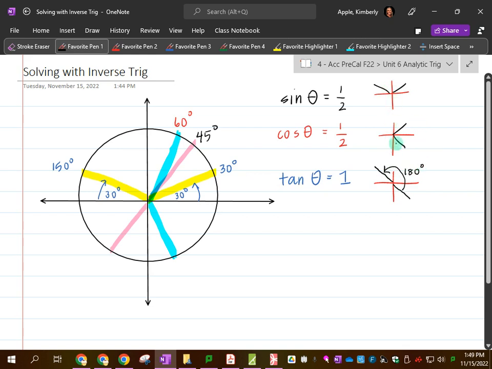That pattern doesn't exist for sine and cosine, but it's very convenient, and you will see how convenient it is later, that the two tangent angles are always going to be 180 degrees apart, right? These won't. They'll be at varying locations. But the tangent values are nice, and you'll learn to really like those.